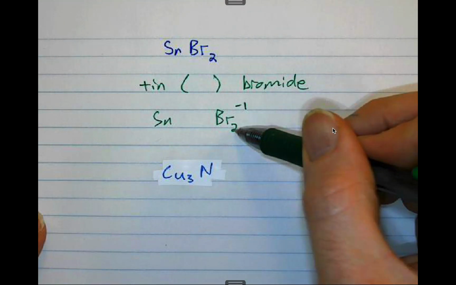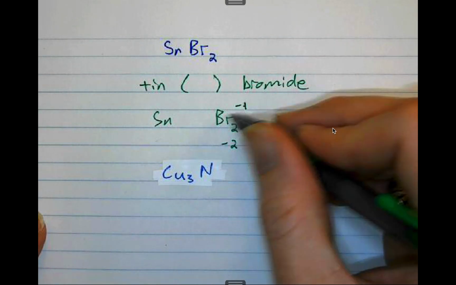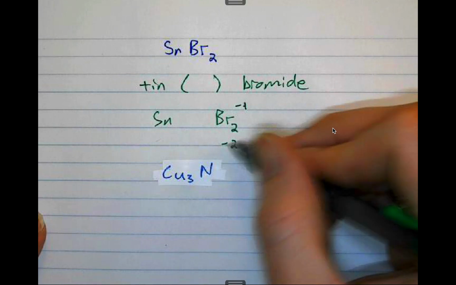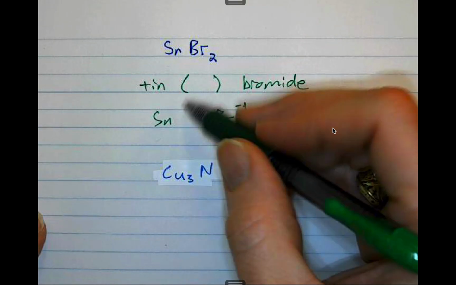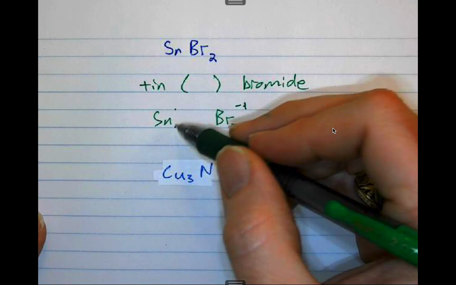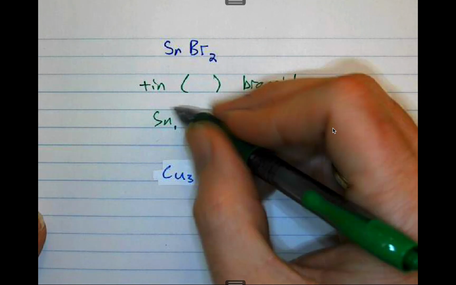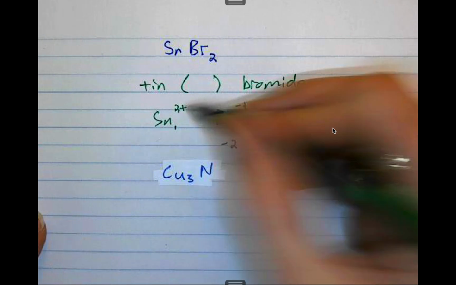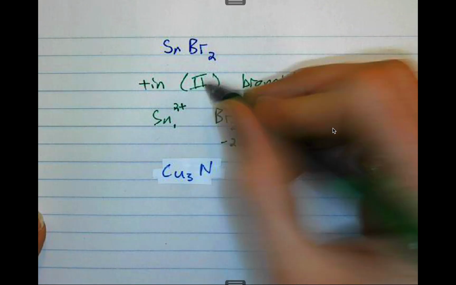So there were 2 minus 1 charges, so that's a minus 2 overall. Then that means that this guy has to be, we only had one of them, so 1 times what number is 2, right? It's 2 plus. See how that works? So tin is going to be tin 2 bromide.